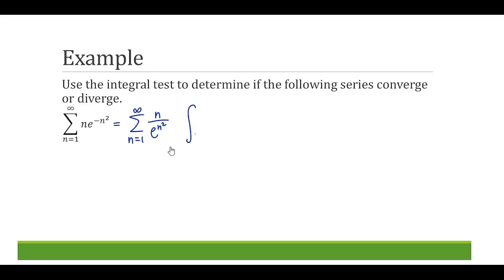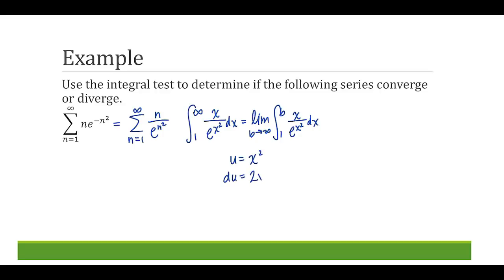We have the integral from 1 to infinity of x over e to the x squared dx, which becomes the limit as b approaches infinity of the integral from 1 to b of x over e to the x squared dx. This requires a u substitution of u equals x squared. du is 2x dx, so 1/2 du is x dx.